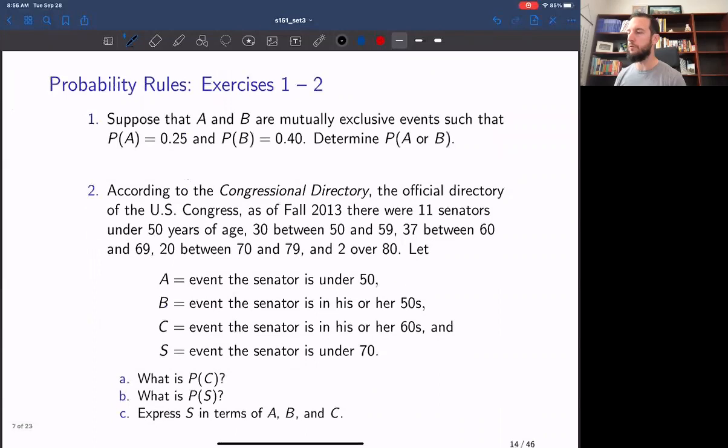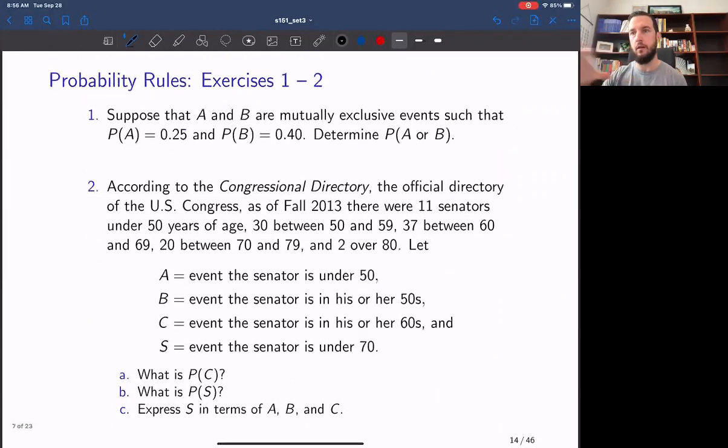All right, so let's go through some different exercises related to computing the probabilities of the three events that we just talked about. The first exercise is, suppose that A and B are mutually exclusive events where the probability of A is 0.25, the probability of B is 0.4, and we want to determine the probability of the union. First things first, we are told that A and B are mutually exclusive events.